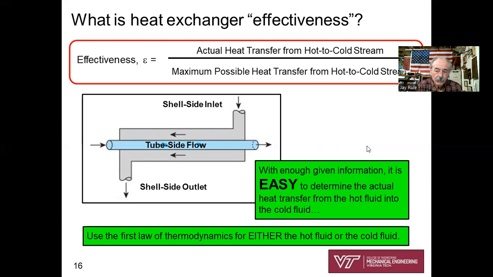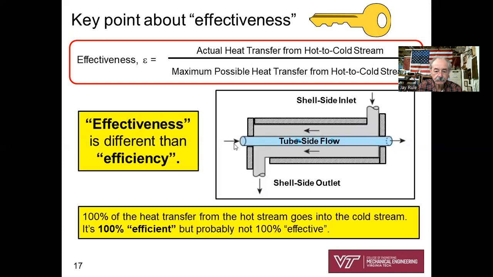Typically in the world, we have values for m dot, and we might have values for, let's say, the cold coming in and the cold going out. We've usually got a pretty good handle on the given data, not all of it, but some of it. So it's usually easy to determine the actual heat transfer using the first law.